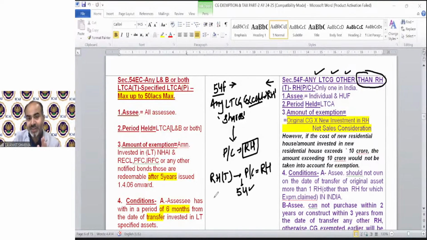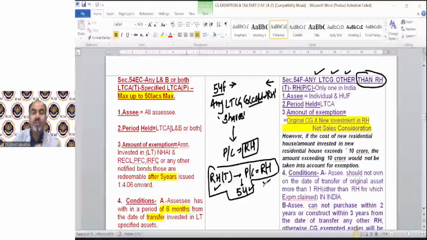So you should understand the nature difference between section 54 and 54F. Section 54 says if you transfer a residential house and purchase or construct a residential house, then I am there to give you exemption. But section 54F says any long-term capital gain except residential house.